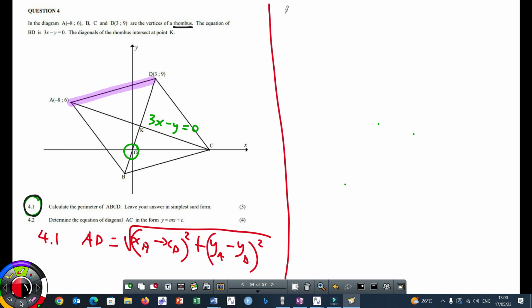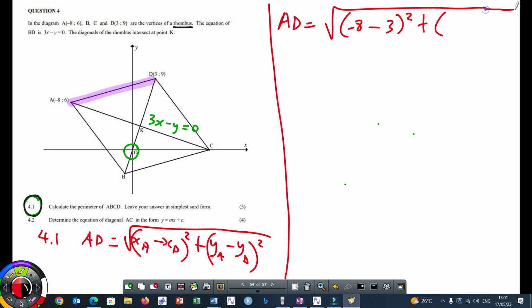Then I'm going to have AD equal to the square root of XA, which is minus 8, minus XD, that's a 3, squared, plus YA, that's 6, minus YD, that's a 9, squared.